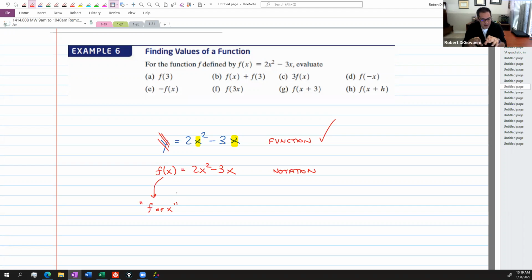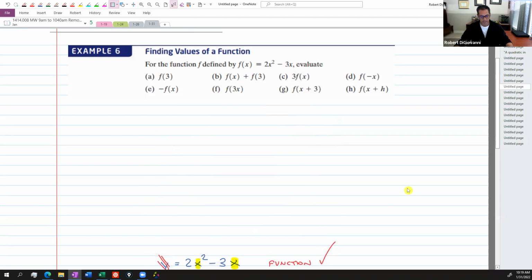So this example is, if I give you a function, how comfortable are you evaluating the function at different values? For part A, it wants us to find f of 3.